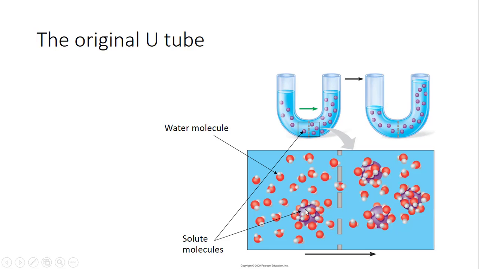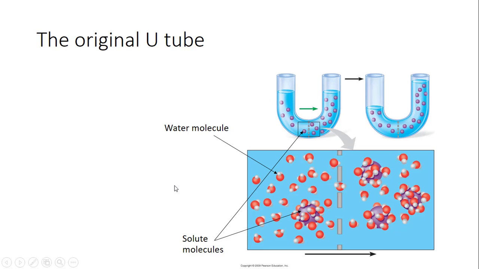And this is some solute, maybe it's salt, or maybe it's glucose, or some small protein, but it's a solute molecule because it's dissolved in water. Those solute molecules have attracted a lot of water molecules to them, so that even if the number of water molecules is the same on this side versus this side, there are fewer free ones on this side than there are on this side.